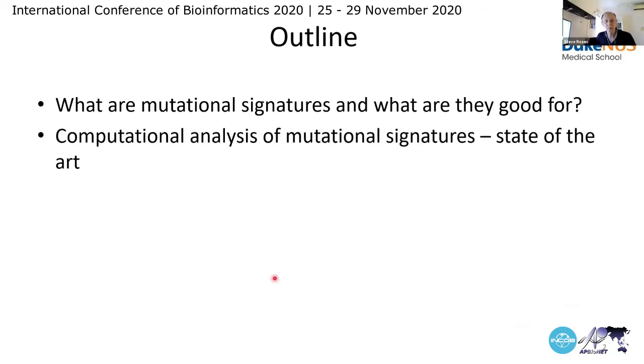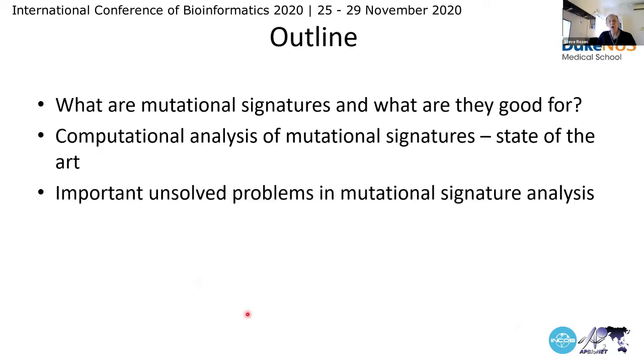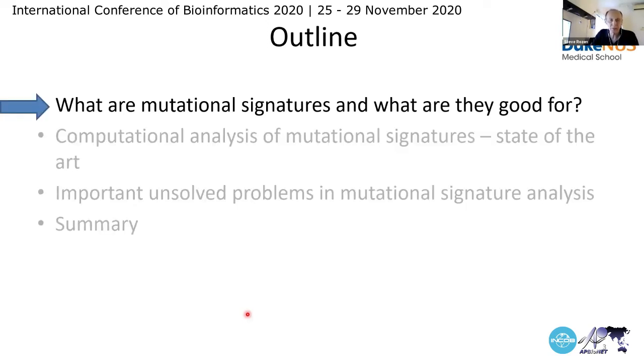And then I'll talk about the state of the art of computational analysis of mutational signatures. And then I'll talk about some important unsolved problems in mutational signature analysis. And then I'll summarize.